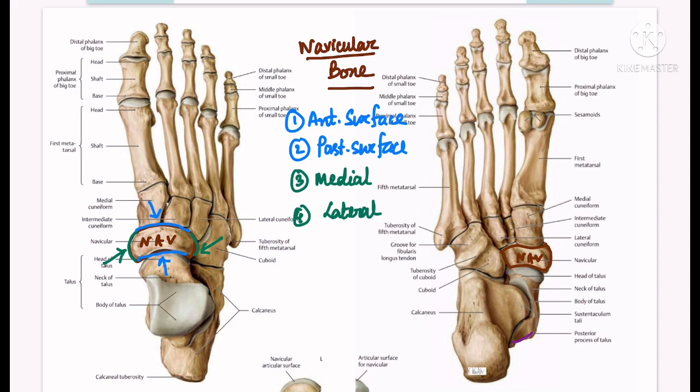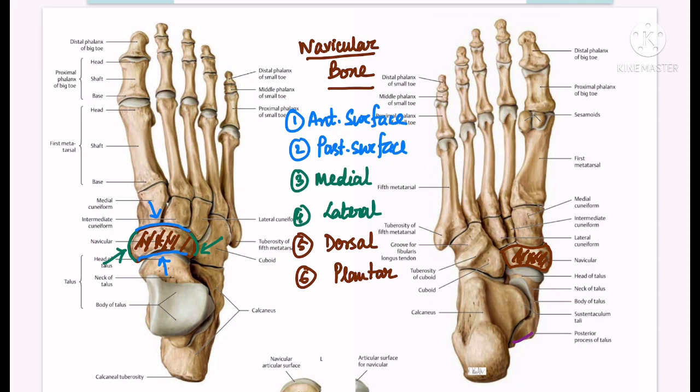So this is the dorsal surface and this one is the plantar surface. 6 surfaces of the navicular bone.